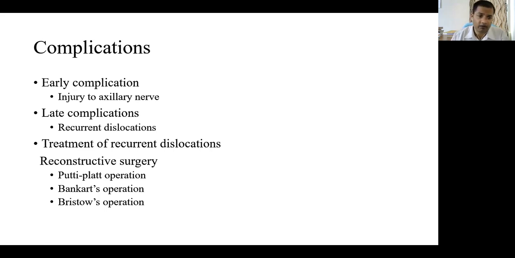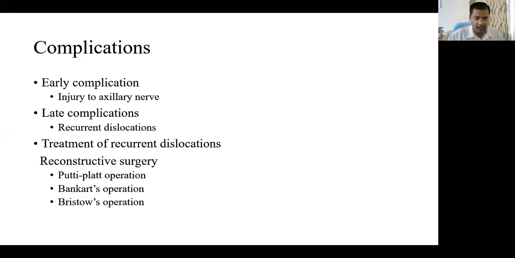So what is the treatment for this? The answer is reconstructive surgery. It means you have to reconstruct the rotator cuff. Usually the rotator cuff is damaged, and that is the main cause of this shoulder dislocation. So you have to do some procedure to reconstruct the rotator cuff and this shoulder joint. These include 3 major operations: Putti-Platt operation, Bankart operation, and Bristow operation.